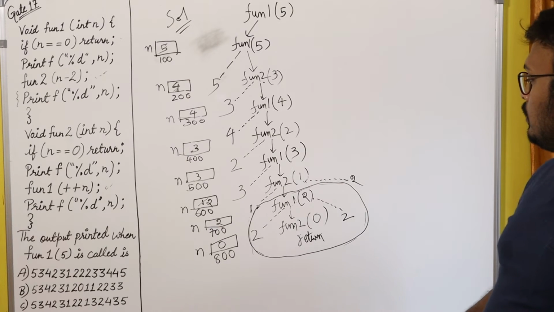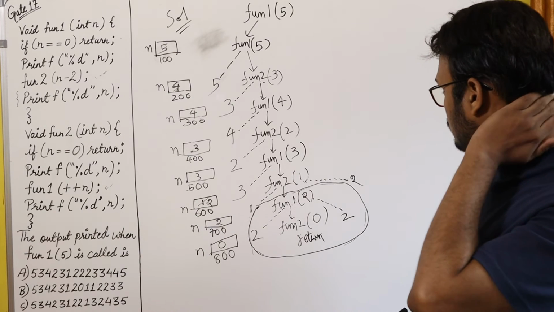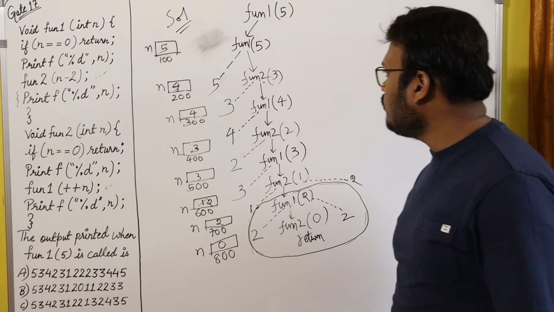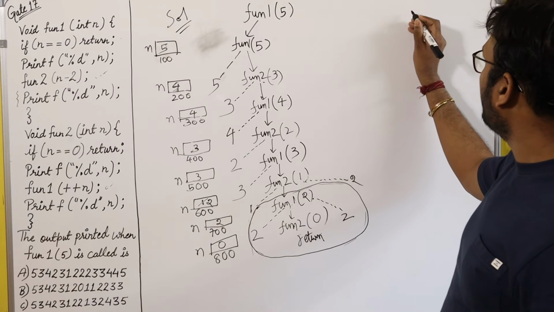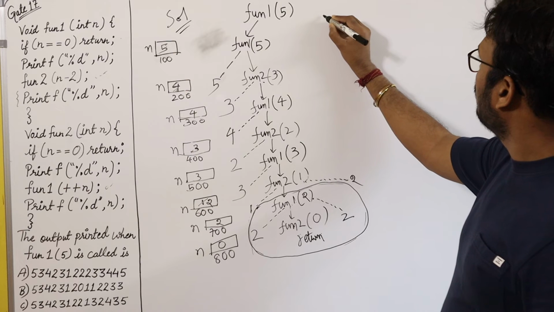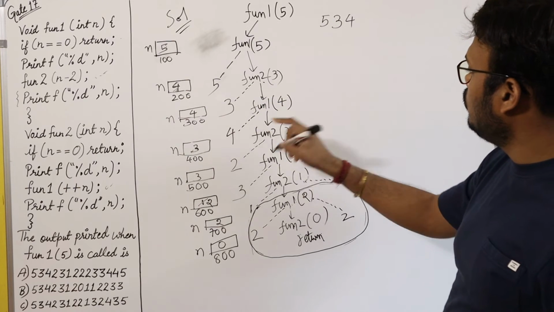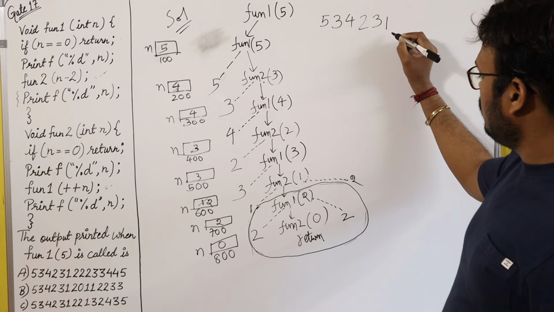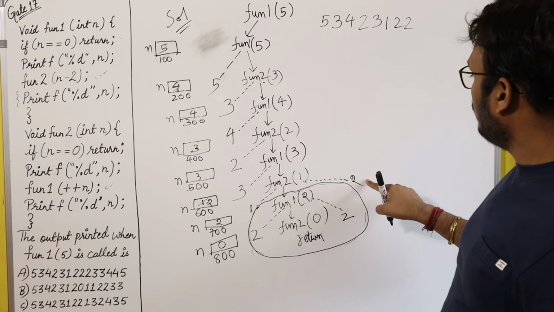So now you see this function 2 is also over. So till now, what are the values that have been printed? 5, 3, 4, 2, 3, 1, 2. Let me write here: 5, 3, 4, 2, 3, 1, 2, then again 2, then again 2 here.